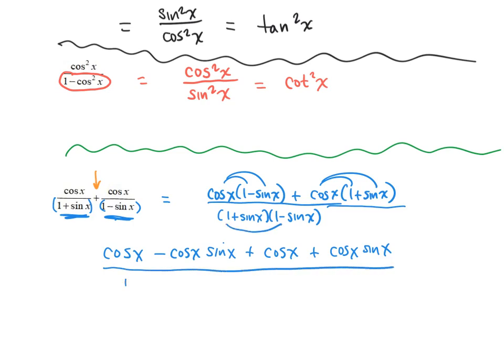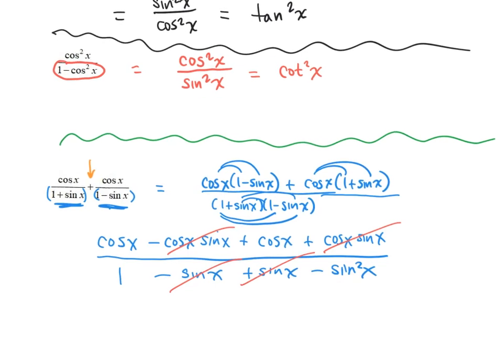So I'll get 1. And then I'll get minus sine x. And then I'll get plus sine x. And then I'll get minus sine squared x. Now, the good news is you can see that lots of stuff cancels. This cancels with this because they're both negative and positive cosine sine, and then our sines go away.